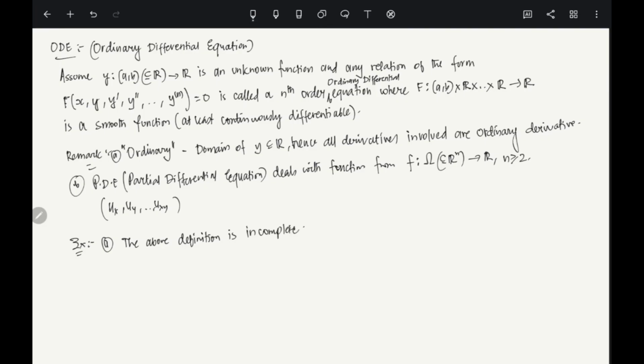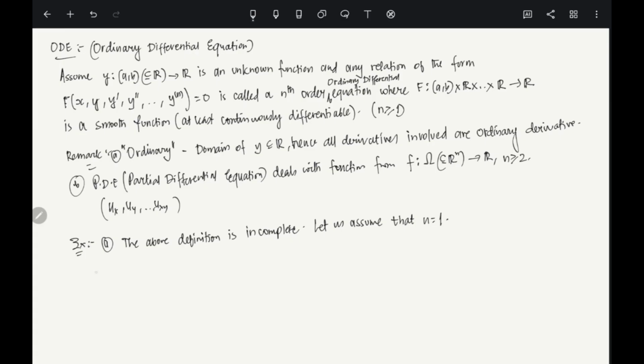Let's just see. First of all, let's assume, and here also n is greater than or equal to 1. So first of all we will just put n equals 1 here. Let us assume that n equals 1.